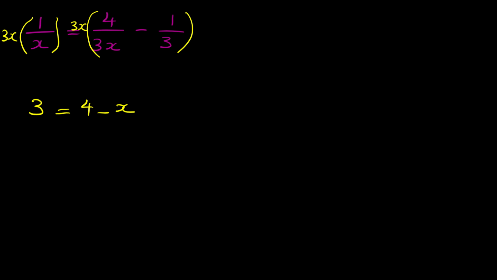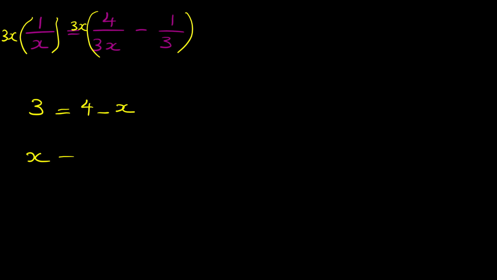As you can see, multiplying both sides by 3x works like magic. From this complicated equation, now we have to solve this equation, which is simpler. What is x? Move variables to one side, move x to the left. So we move negative x from right to the left.